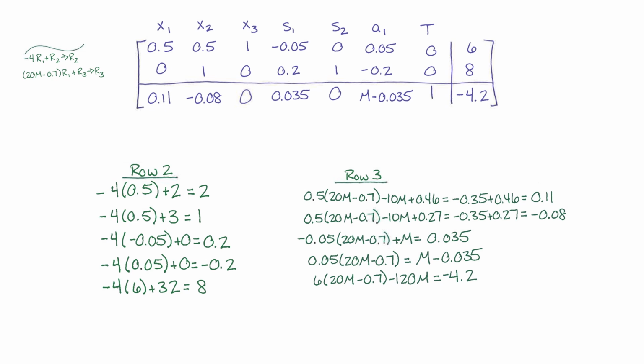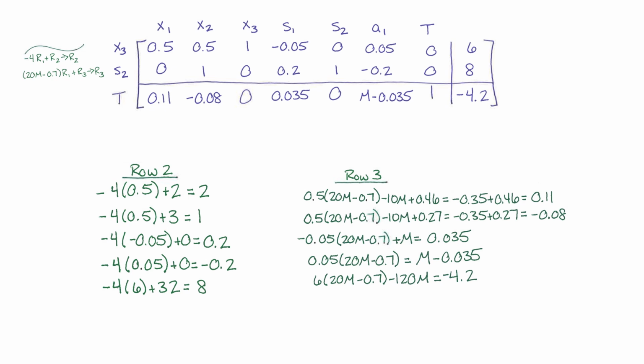And you can see the computations for both row 2 and row 3 here. The basic variables for this tableau are x3, s2, and t. But this tableau is not optimal.